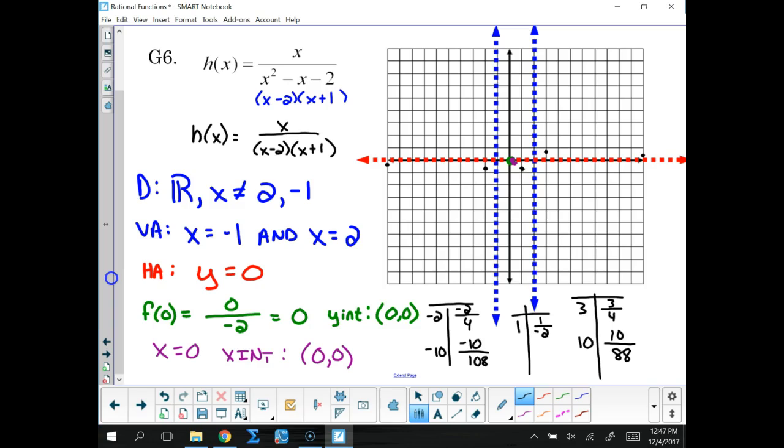Is that enough? Need one more, right? Okay. Because we got to know what it's doing in between the x-intercept and the vertical asymptote.